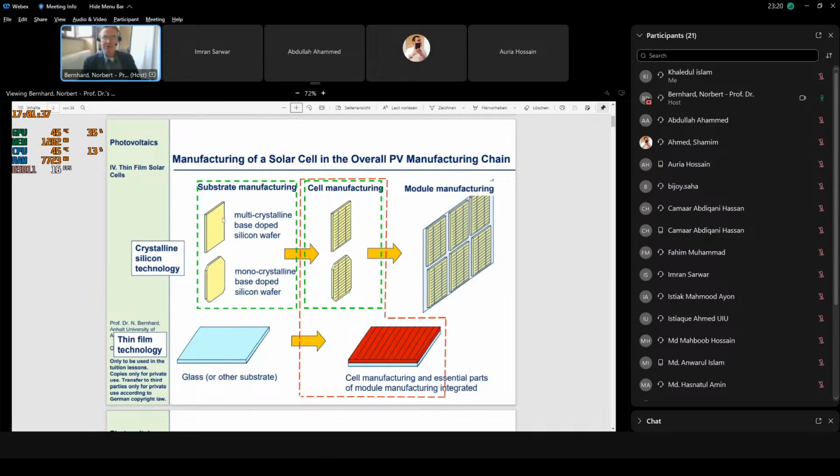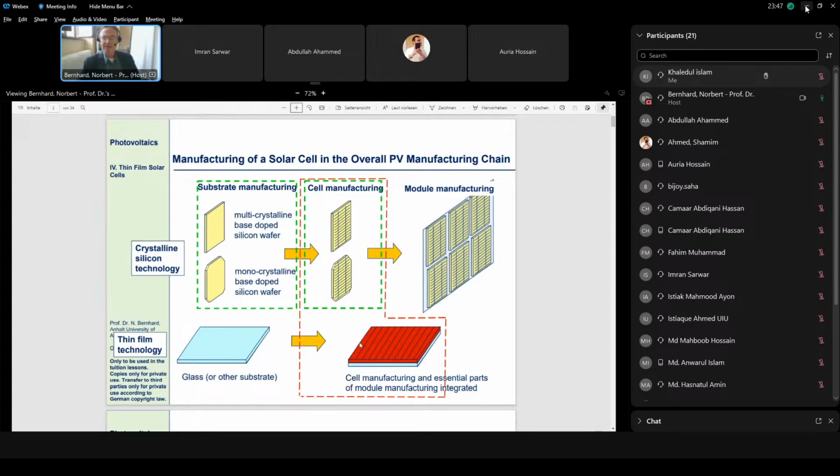Last week we talked about crystalline silicon technology, basically this green dashed framed part here. And now we talk about thin film technology, and the major difference is that we usually start with a glass or another substrate, but usually it's glass, and then make the solar cells on the whole glass area, and every one of these stripes is a solar cell.